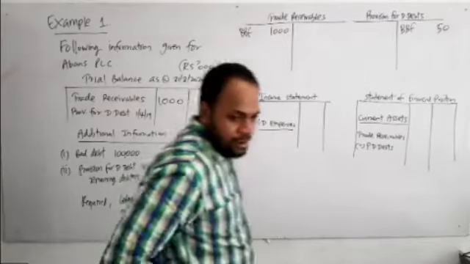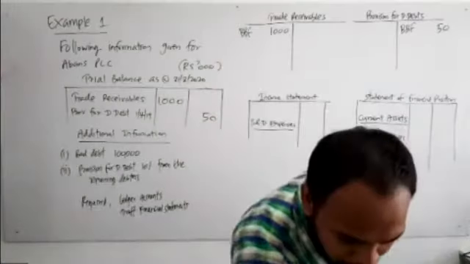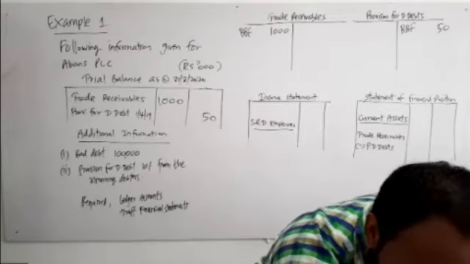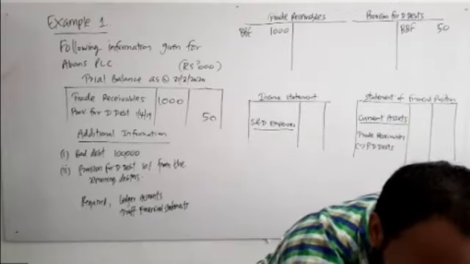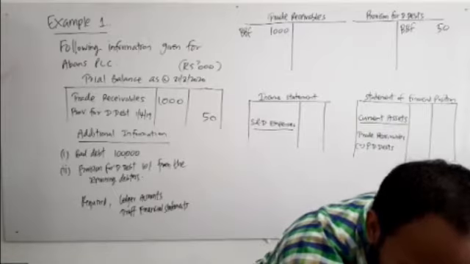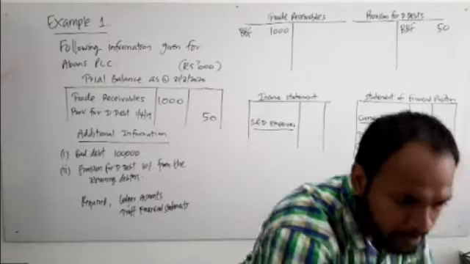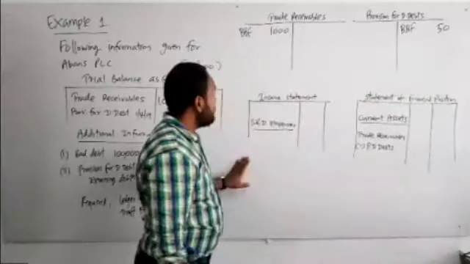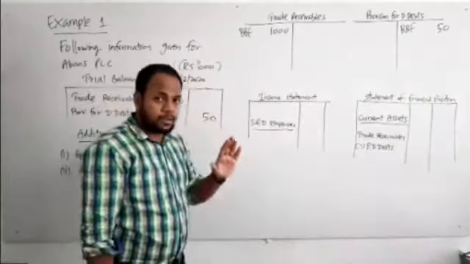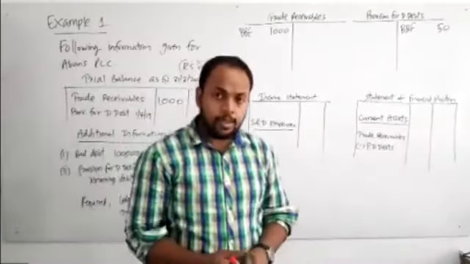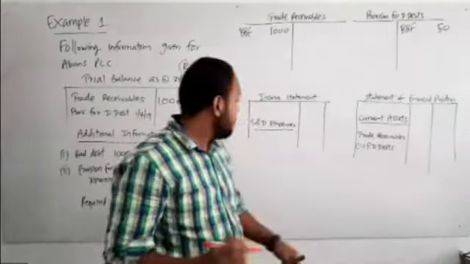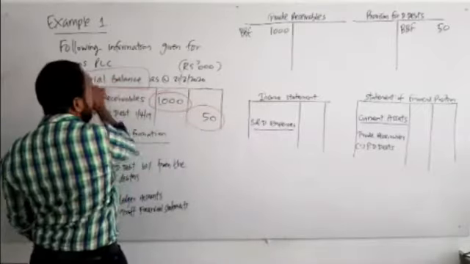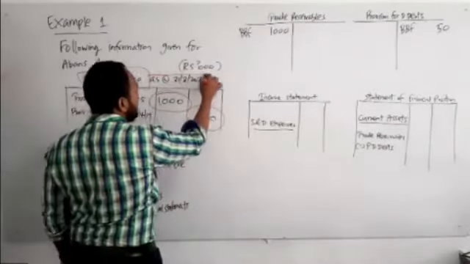Right, so let's start. Okay, so when you get an accounting adjustment related question, whatever is in the trial balance has only one entry.